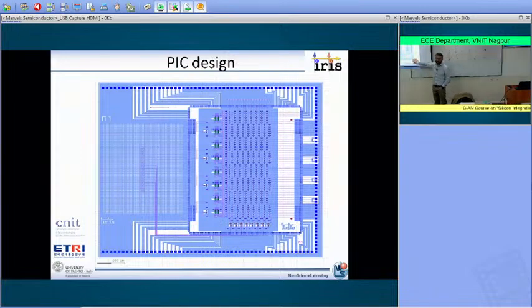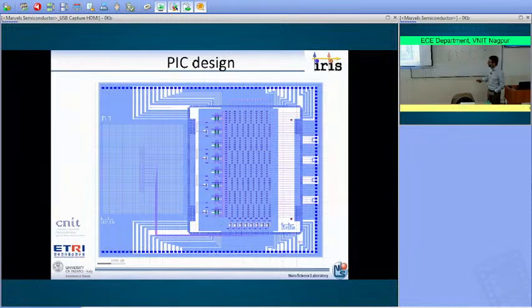So this is the actual mask that we designed for the foundry. And what you see here in the mask are the pads, the metal pads for the metal wires. And then you see the matrix of microring resonators, which are the switch elements.